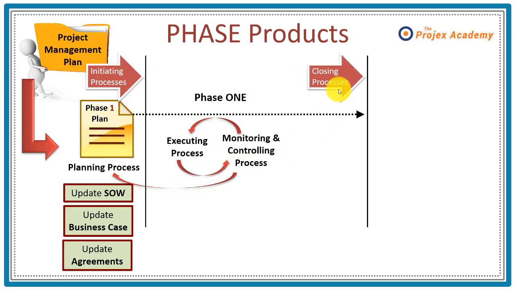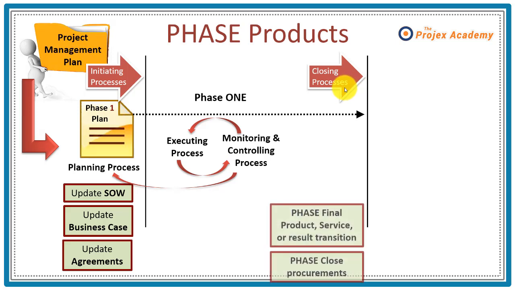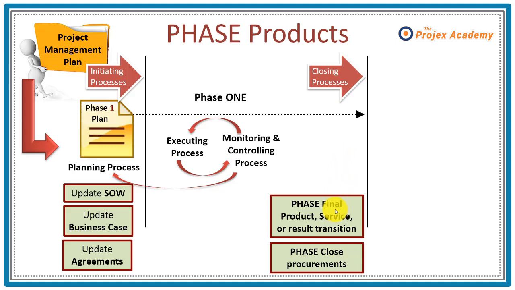And then we come to the closing processes. Now in the PMBOK guide, although it says this is for either closing the project or a phase, in this case we're talking about closing a phase. And it could well be that you have now a final product or a service or a result being passed into operational use at the end of this particular phase. This of course would be very typical within a project that's using phased delivery.